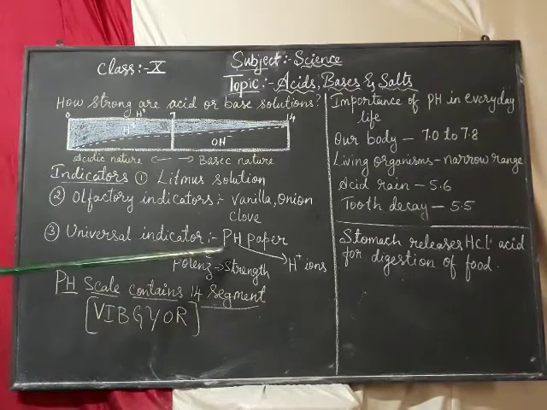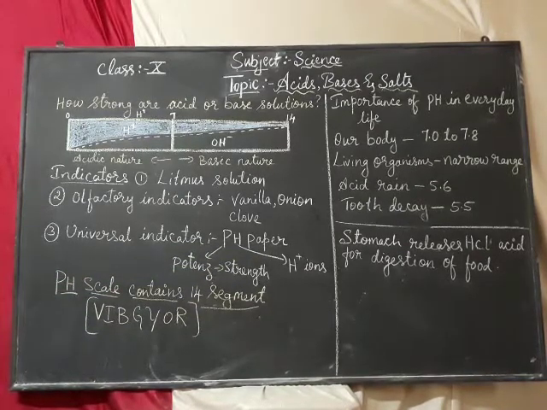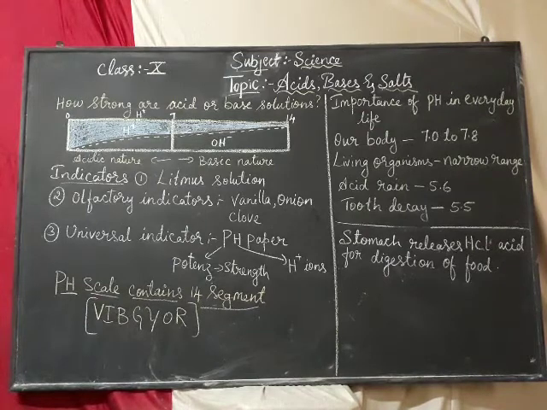This pH paper, that is the potence of the H plus ion, can be seen on a paper. That common paper will be yellow in color. We will dip the paper in the given solution, then we have to see the color.